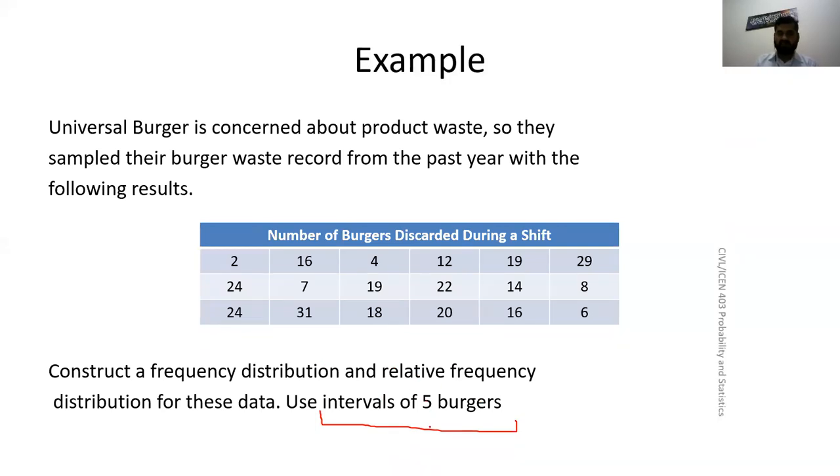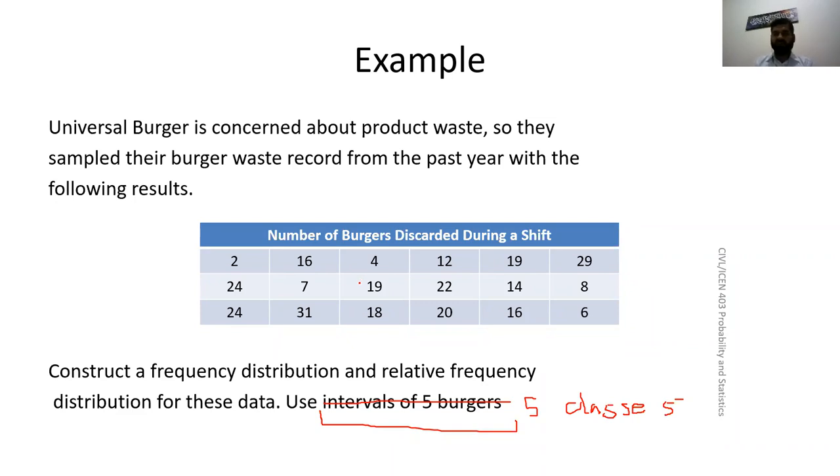Interval of 5 burgers is a little confusing statement. I should write use 5 intervals or 5 classes. Use 5 groups or classes. This is more appropriate because if the class interval is given, then we don't have to calculate anything. Then we will just start making the classes.